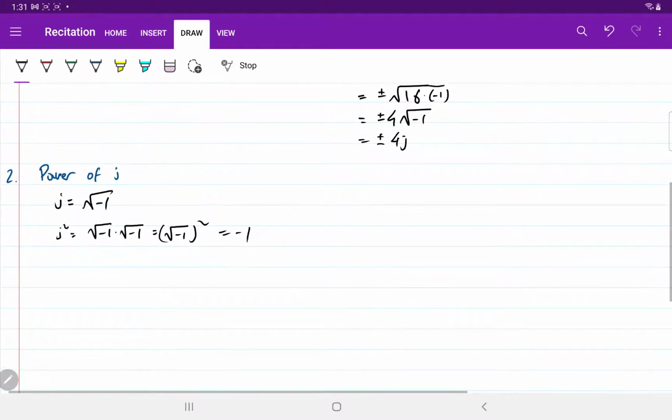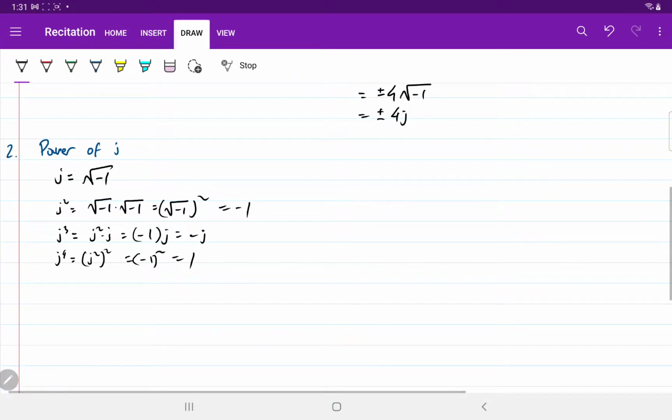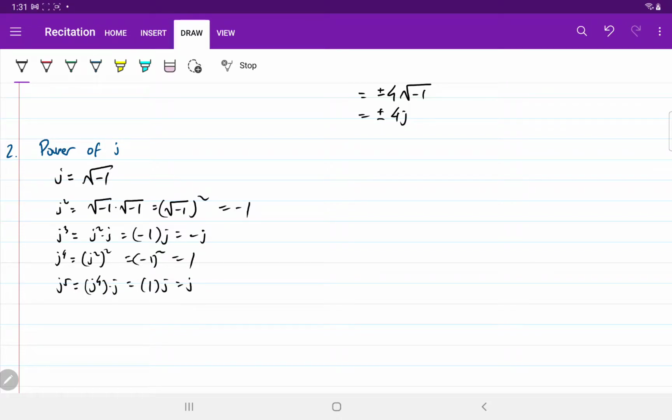How about j cubed? j cubed is j squared times j, but we know j squared is minus 1, so it is just minus j. What about j to the 4? j to the 4 is j squared squared, so minus 1 squared, which is 1. What about j to the 5? j to the 5 is j to the 4 times j, so 1 times j, it is just j.